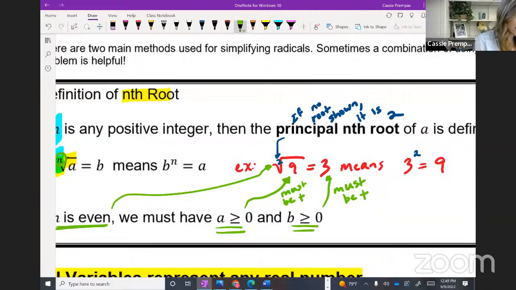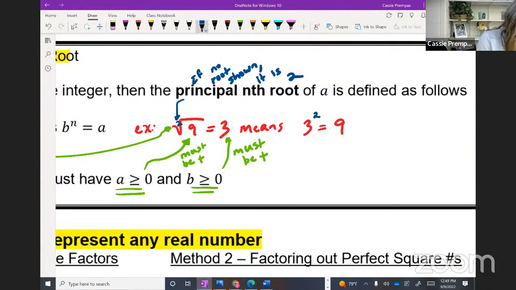Let me give you a non-example. Here's something that would not work. The square root of 9, that's actually asking you the principal root of 9, is not equal to -3. I know it's not equal because by definition, that answer must be positive, and it's not. Now, that's going to be really important when we start working with variables. So just make sure to kind of keep that in mind.